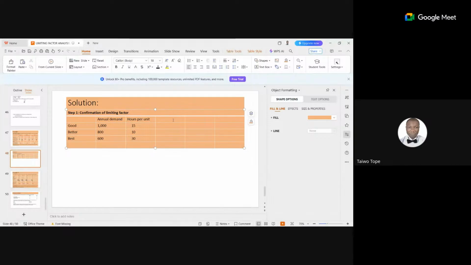Now, the total hours for each of the products. For good, what will be the total hour to produce 1,000 units? It will be 15 multiplied by 1,000. That was 15,000. So we have it as 15,000.